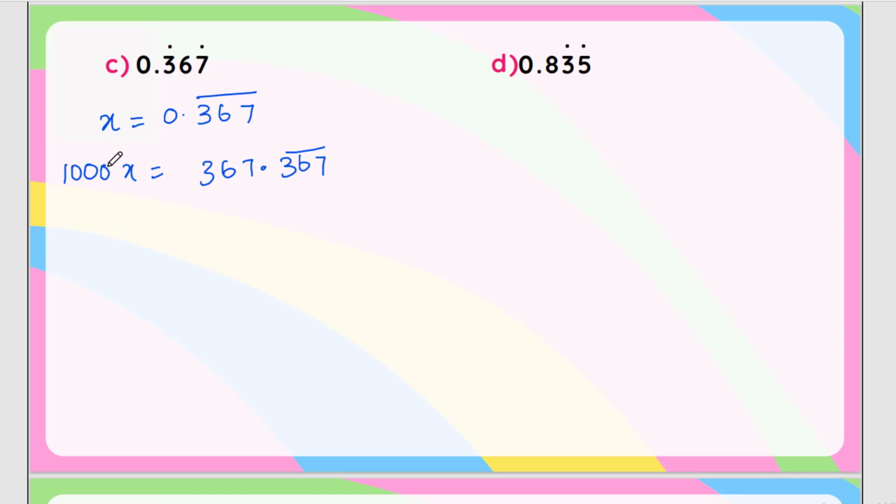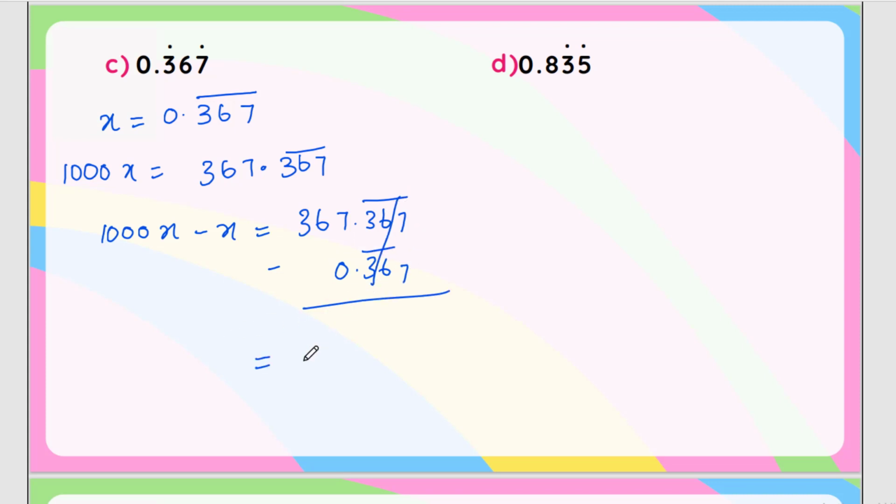Now I am going to subtract these two things. 1000x minus x equal to 367.367 bar minus 0.367 bar. This will get cancelled and we will get 367. This side 999x equal to 367. So x equal to 367 by 999.